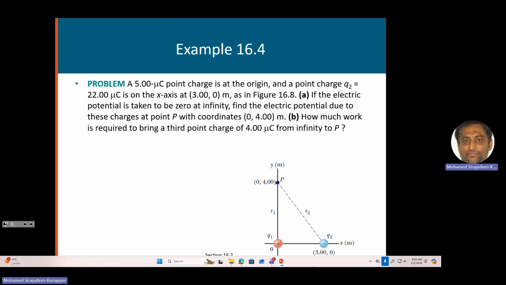What is the potential at point P? So V at point P will be V1, the potential coming from charge Q1, plus the potential coming from charge Q2. It's a simple question because we don't have to worry about direction.